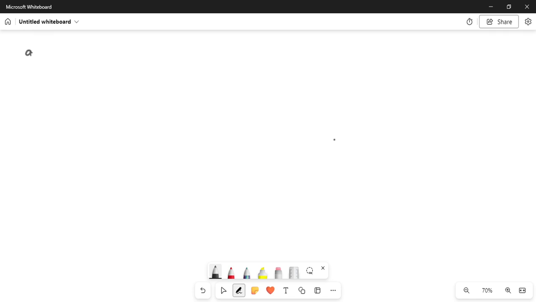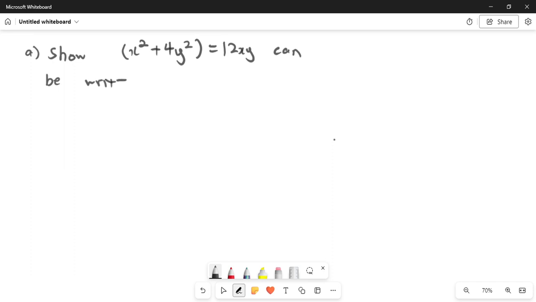So part A, show that x squared plus 4y squared equals 12xy can be written as x plus 2y equals 4 root xy. That's my first part.